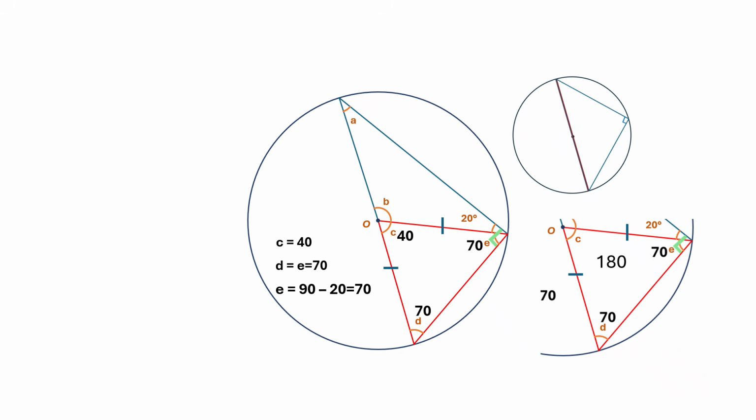Now, how can we find B? We can find B in more than two ways. The easiest way is just look at this straight line here. These two angles, C and B, should be 180 because it's a straight line. If this is 40, B is 140 because 40 plus 140 is 180.